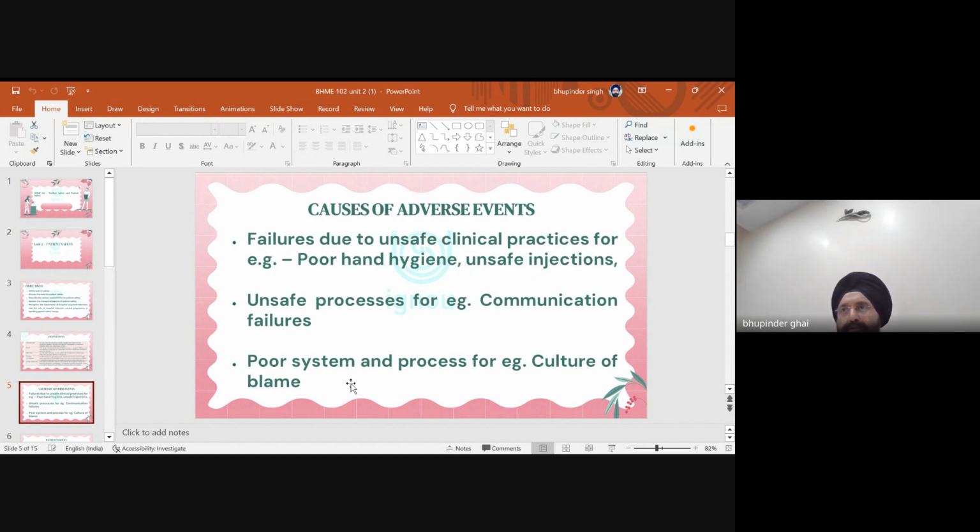If there are no laid down procedures, then the blame game comes. But if there are laid down procedures, everybody knows and has been trained that this is the laid down procedure, and you have to work as per the standard procedures. In that case, the blame game does not happen.